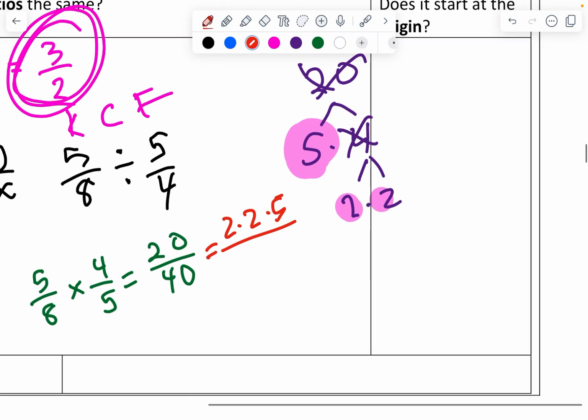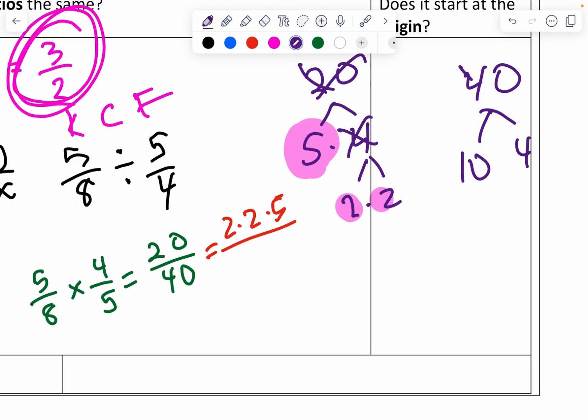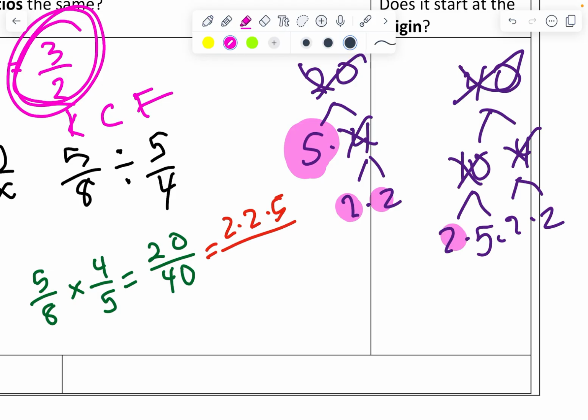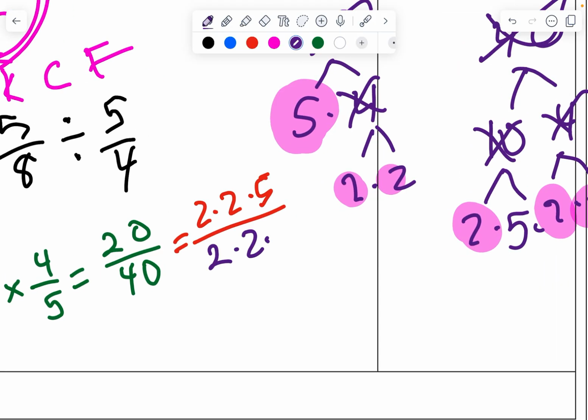And then my 40 is 10 and 4. But hey, neither of those are prime, so I got to break it down more. So 2 and 5, and 4 is 2 times 2, yeah? So we put all these numbers down. I got a 2, a 2, a 2, and a 5.